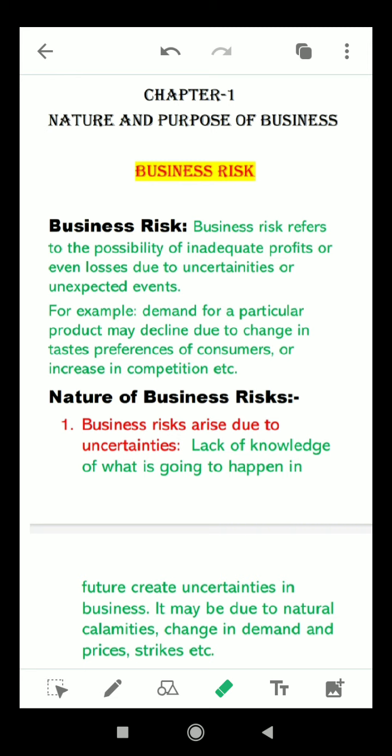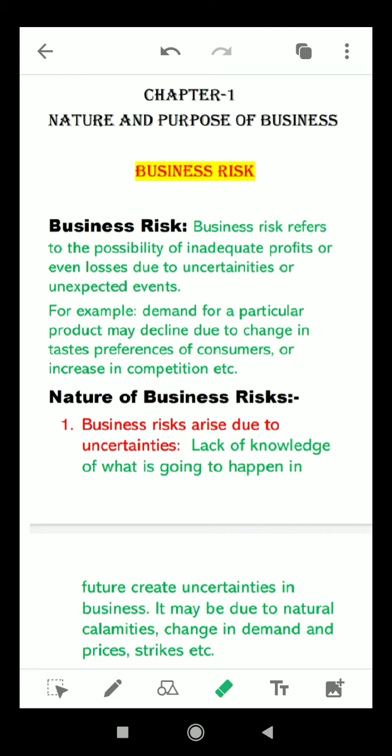Business risk refers to the possibility of inadequate profits or even loss due to uncertainties or unexpected events. See students, there are always risks in business. As you know, if there is no risk, no gain. Business units are surrounded by innumerable risks generated by economic, natural, physical and human causes.